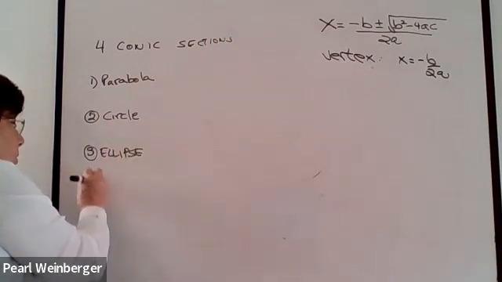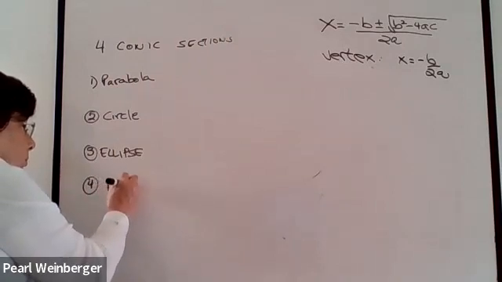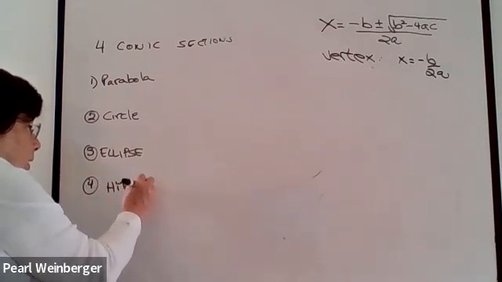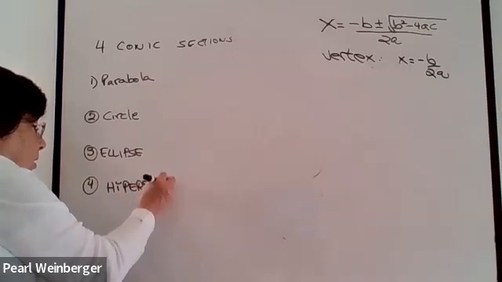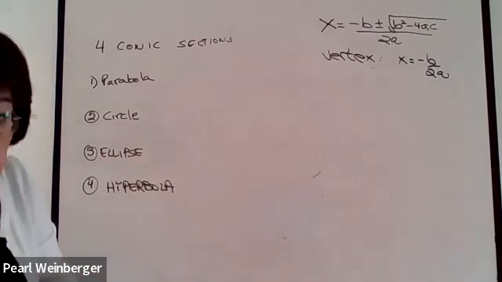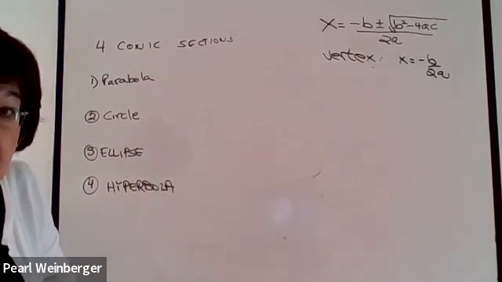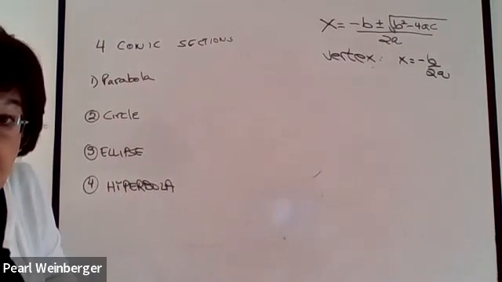And number four, the hyperbola. And these are the four types of graphs you can get from graphing an equation that has an x squared and a y squared or one.